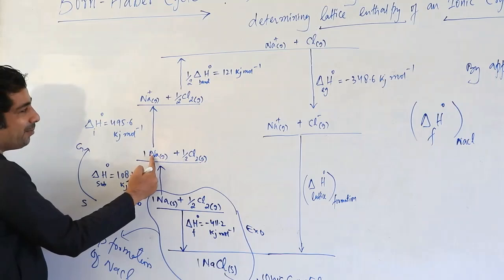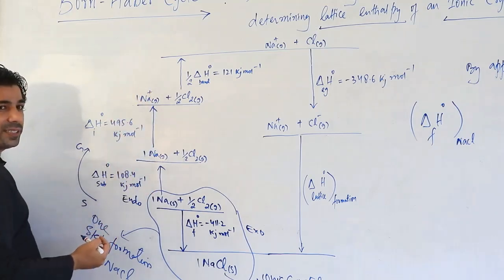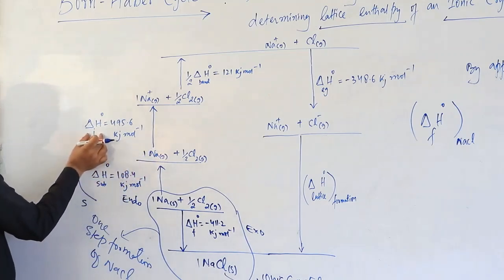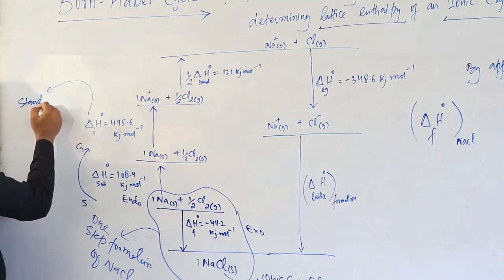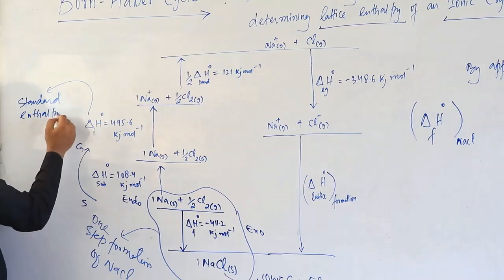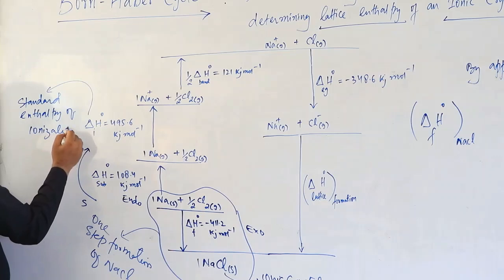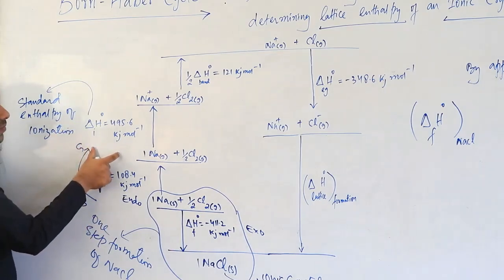And I am converting it into 1 mole of sodium ions, my dear friends. So, what you are doing here, you are giving some enthalpy here. And what is this enthalpy? This is the standard enthalpy of ionization. Can you focus it here? The standard enthalpy of ionization, my dear friends.